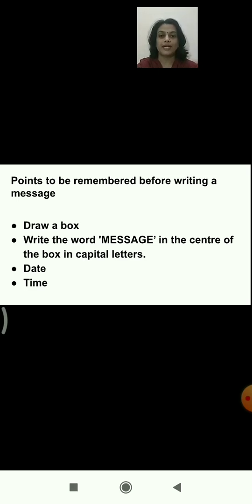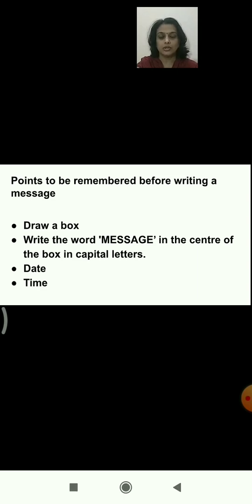Then you have to write the word message in the center of the box in capital letters. Message, M-E-S-S-A-G-E. Then you have to mention the date, the date when you are writing. You also have to mention the time, isn't it?